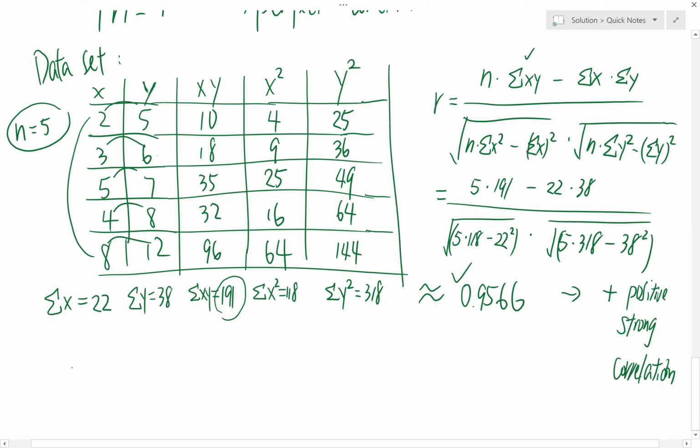So for example, if your R comes out to be negative 0.9566, that will be negative or indirect, also indirect strong correlation. Still strong, right? But it's on the opposite side, meaning when X increases, then Y decreases.